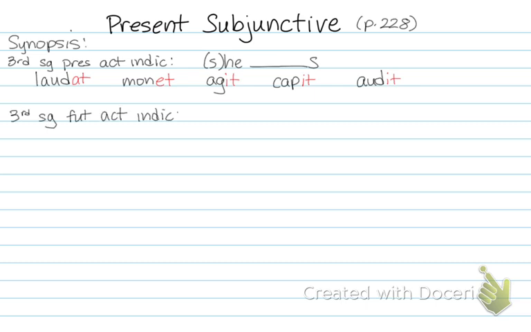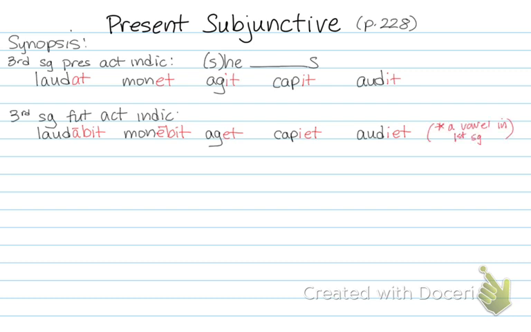We've also learned the future in all 4.5 conjugations. Remember, the first and second conjugation use bo, bis, bit, and the third and fourth conjugation use the thematic E vowel, except in the first person singular where you have an A instead. We'll see that on the next slide. This can be translated as he, she, or it will blank, so he, she, or it will praise.